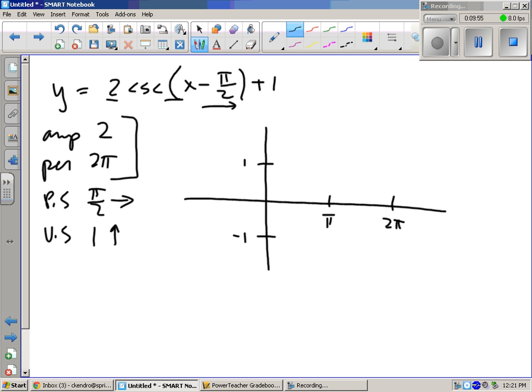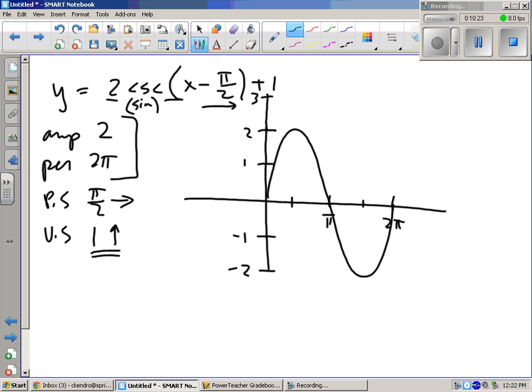All right, so let's go to 2 and negative 2 here. I know I'm going to have up 1 here, so I'm going to add another one just so I remember it's there. Okay, and then let's draw in the normal sine wave. We're going to pretend this is sine until the end, and then we're going to flip it over. All right, so normal sine wave going up to 2 and down to -2 would look like that. All right, the next thing I'm going to do is pi over 2 to the right.